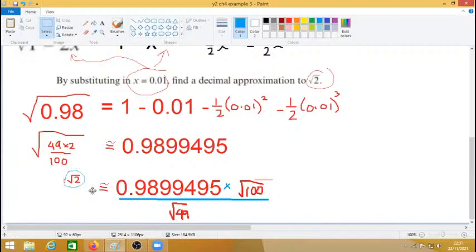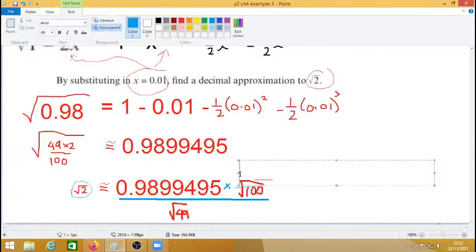And then you just need to type that into your calculator. So 0.9899495 times square root of 100, you already know is 10, so I can straight away write that in. And the square root of 49 below it can be rewritten as just 7.